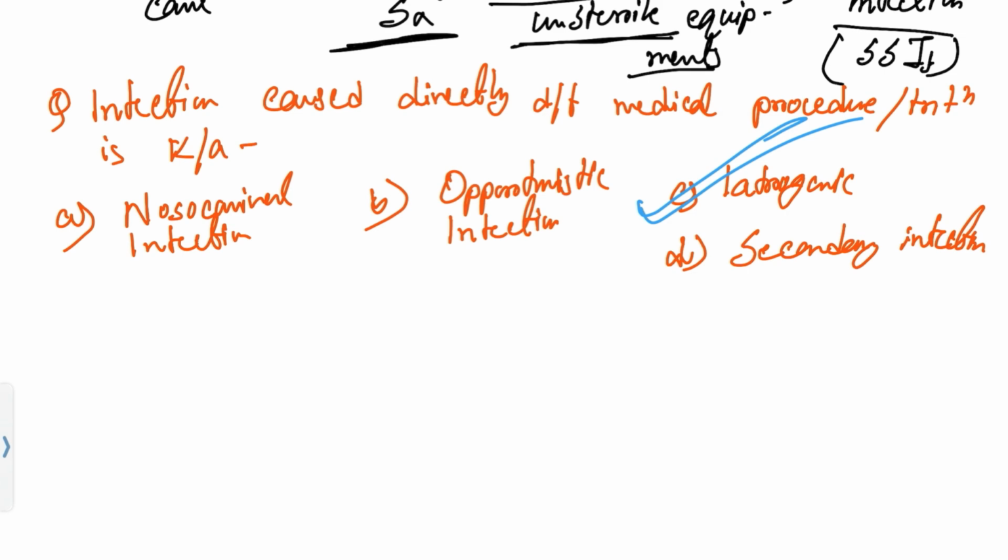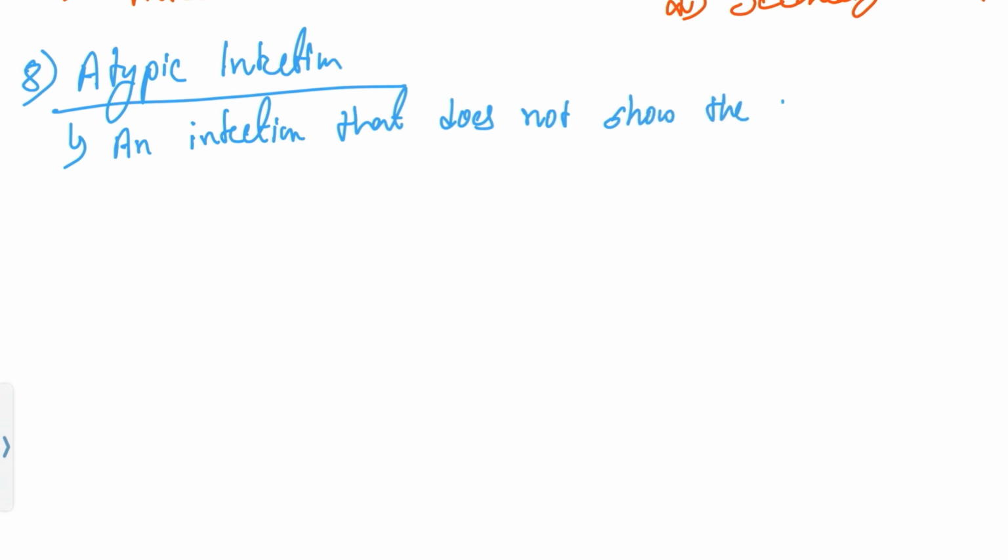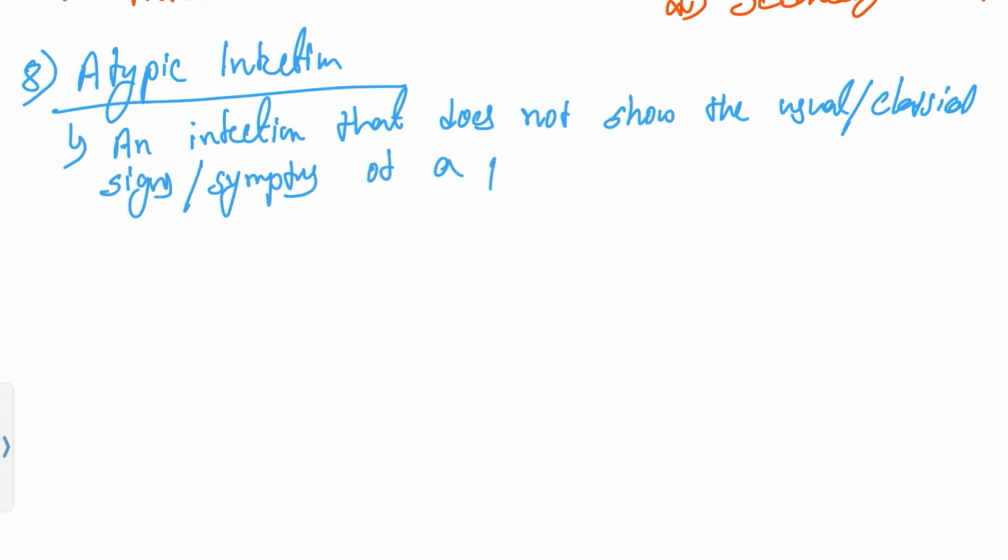I hope it's clear. Now, the last 3 minor classifications, 8th, are atypical infections. So what is atypical infection? Atypical infection means an infection that is not typical, as simple as that. It means an infection that does not show the usual or classical signs or symptoms of a particular disease.